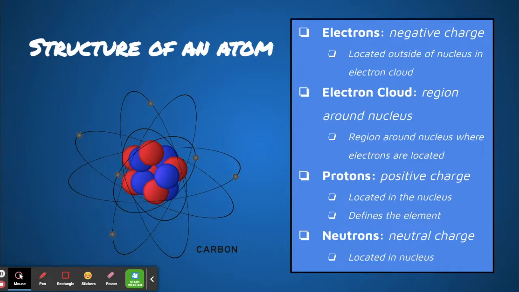Protons are positively charged, and they are located in the nucleus. And these are the defining elements of an atom. And then finally, we have neutrons, which are neutral charge, and those are located in the nucleus as well. And these actually provide the most weight to the atom itself.